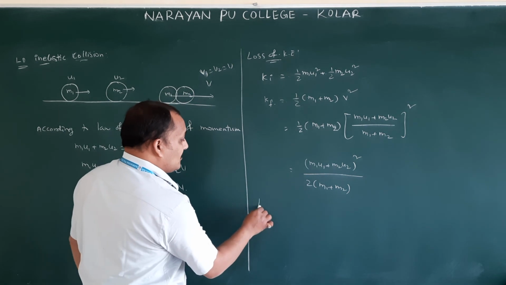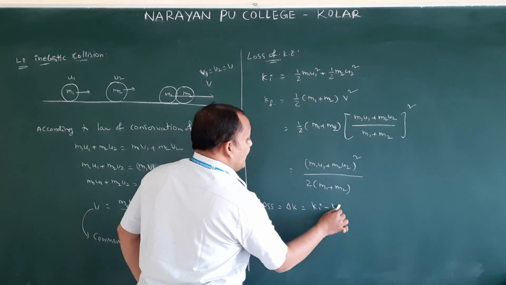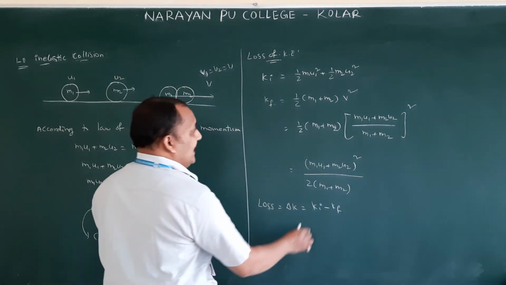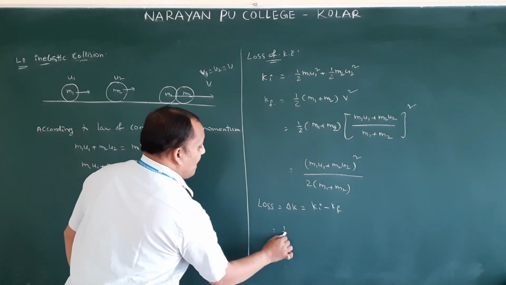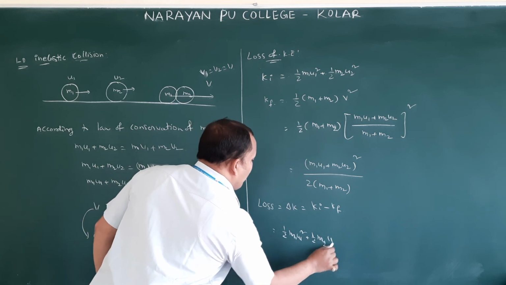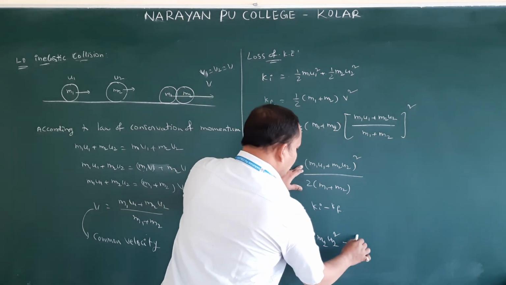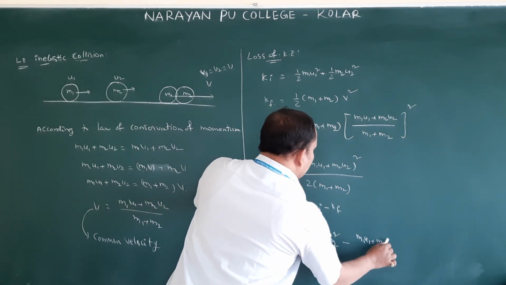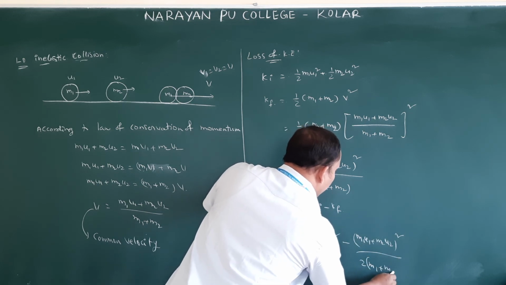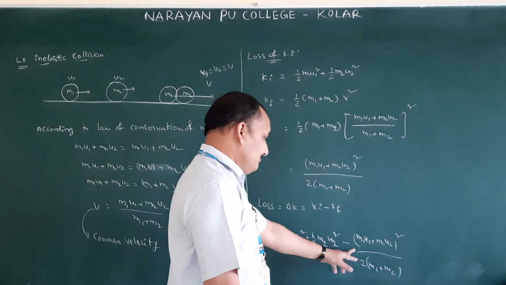If you want to get loss, delta K, that is nothing but Ki minus Kf, or Kf minus Ki also you can do. Somewhere you will get a negative sign, no problem. However, you do half of M1 U1 square plus half of M2 U2 square minus this one, (M1 U1 plus M2 U2) whole square by 2 (M1 plus M2). 2 (M1 plus M2) is the LCM.